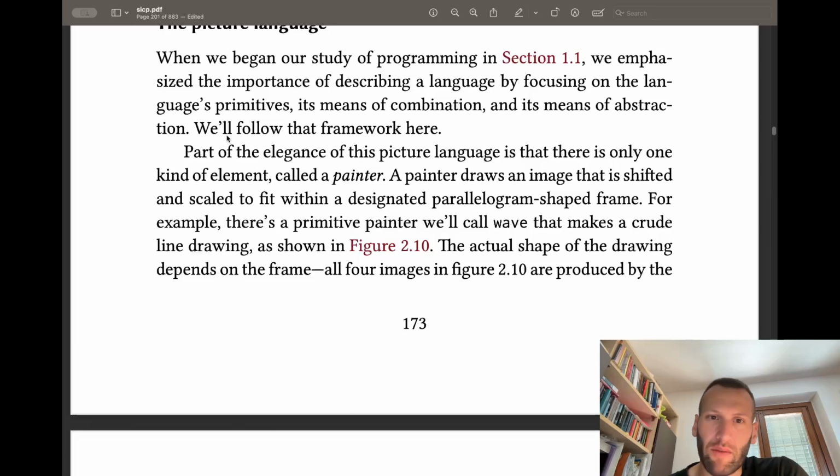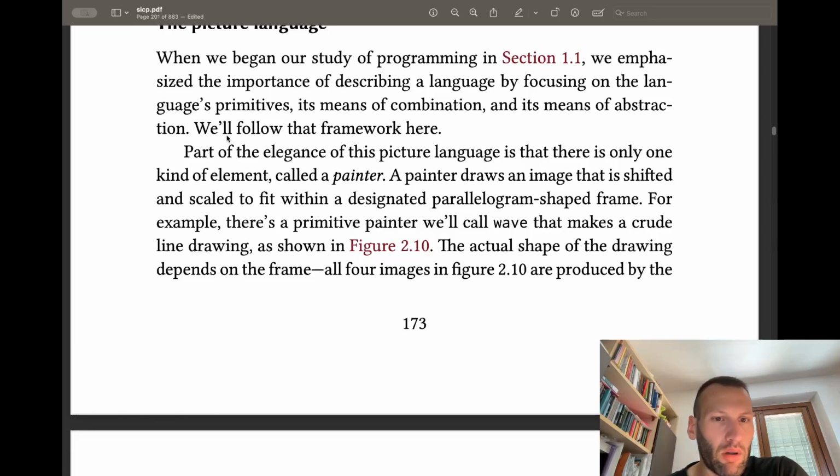Part of the elegance of this picture language is that there is only one kind of element called a painter. A painter draws an image that is shifted and scaled to fit within a designated parallelogram-shaped frame.